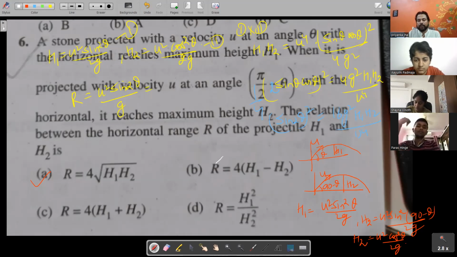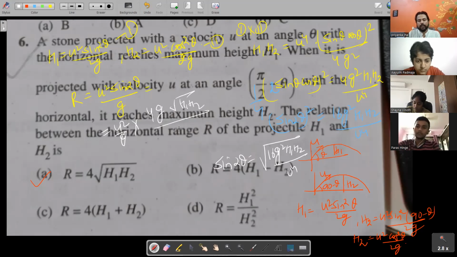Now you can find sine 2 theta from here: it is the square root of 16 g square h1 h2 upon u raised to 4. Put here u square by g. Sine 2 theta is 4 will come out, g will come out, under root h1 h2, and u square will come out. This gone, this gone. So this is 4 under root h1 into h2. Right?